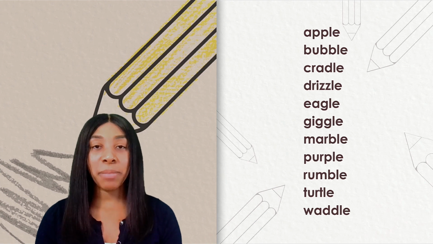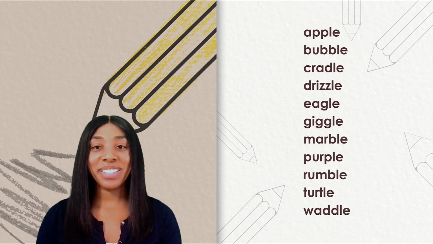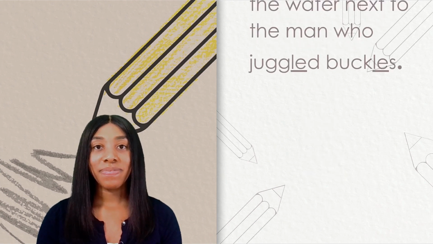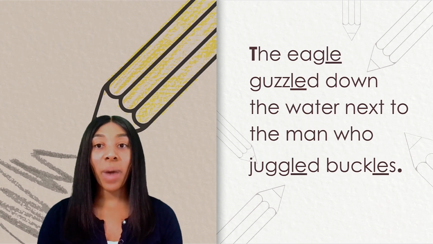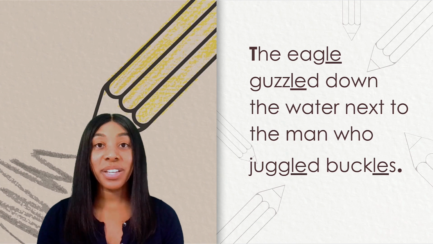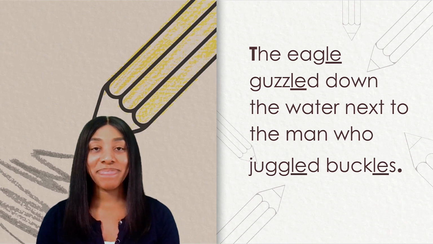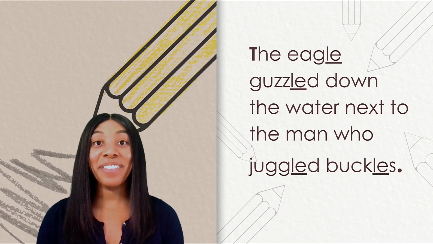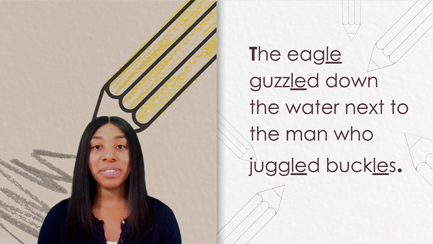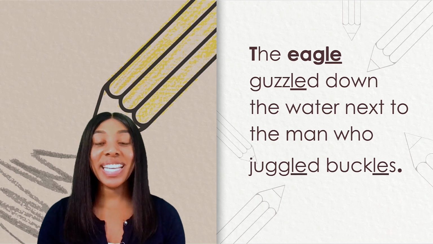Here's what I came up with for my silly sentence. The eagle guzzled down the water next to the man who juggled buckles. As you can see, I have a few words that have consonant LE syllables. The first word I used was eagle.